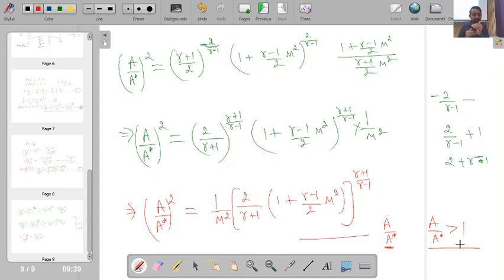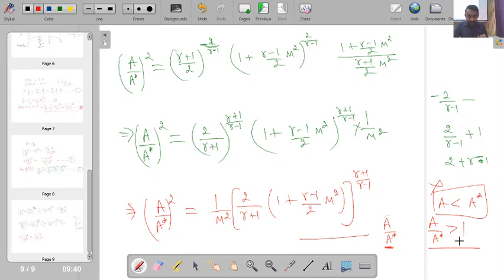So if A star occurs at the minimum area point, then whatever solution we are deriving is not applicable for a situation having A less than A star. If my A is less than A star, then this is not applicable. This solution is applicable only for the condition when my A by A star is greater than 1.